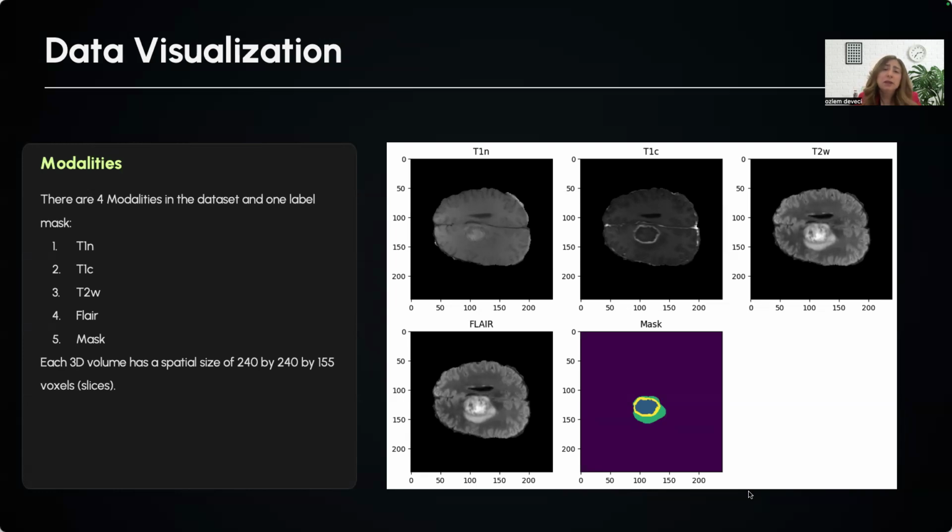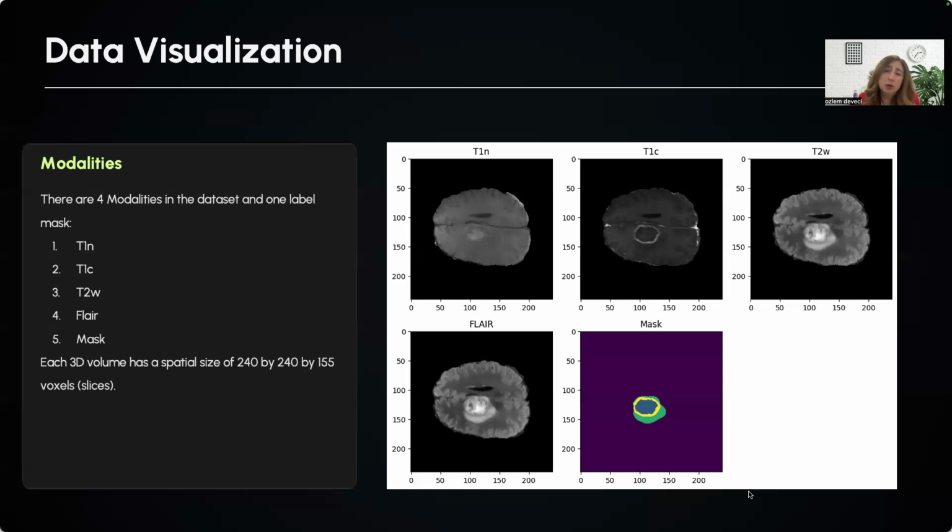T1 and T1 native provides clear anatomical structure with high brain tissue contrast. T1C, T1 with contrast, highlights actively enhancing tumor regions after contrast injection.